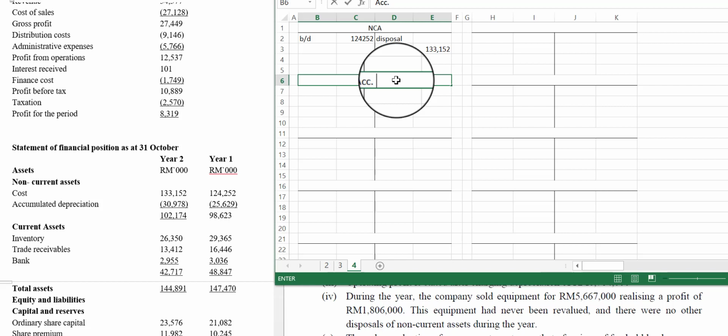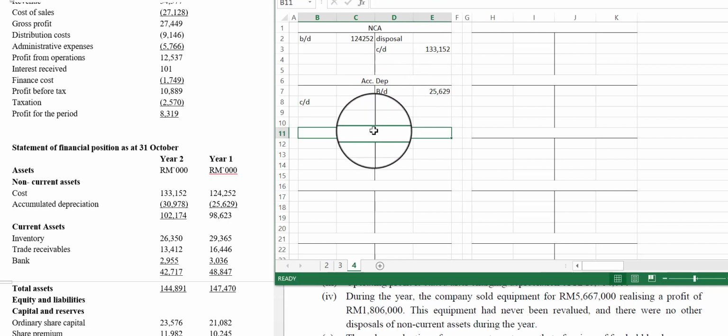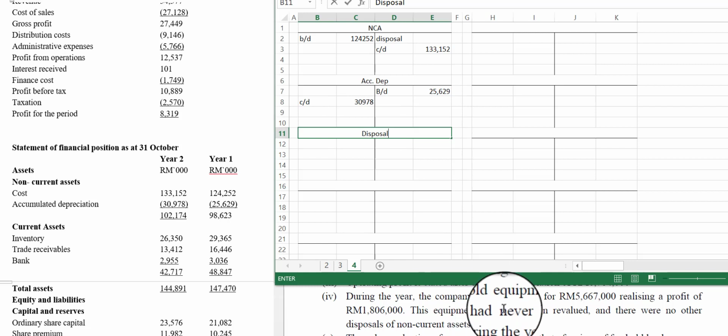And then you have accumulated depreciation. Opening balance for accumulated depreciation is 25,629, and then the closing balance CD is 30,978. Now the question mentions that they have a disposal.